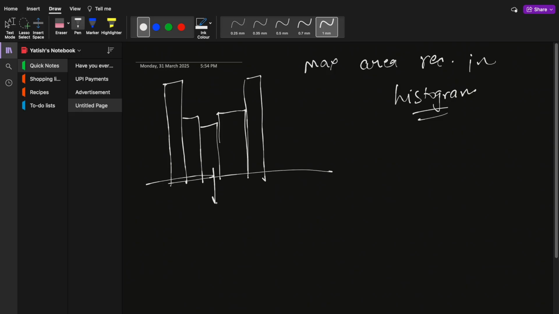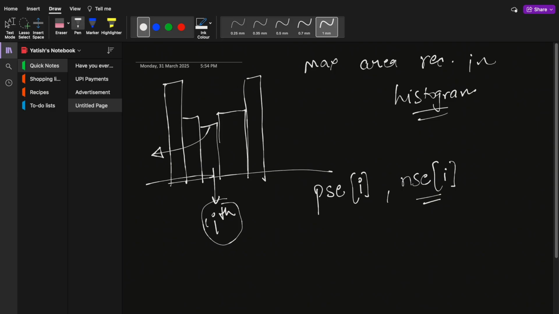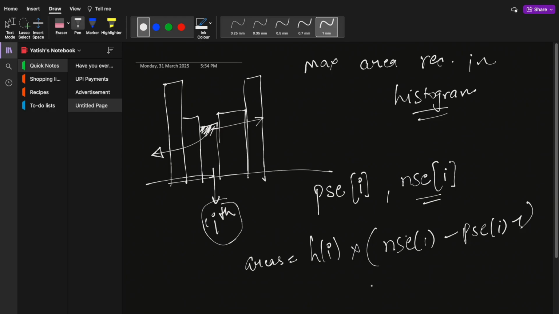If we observe for any ith index, for any ith pillar, if I know the previous smaller element for that particular i, and also the next smaller element of that particular i, then I can say the area would be the height of i times (next smaller element of i minus previous smaller element of i minus 1).